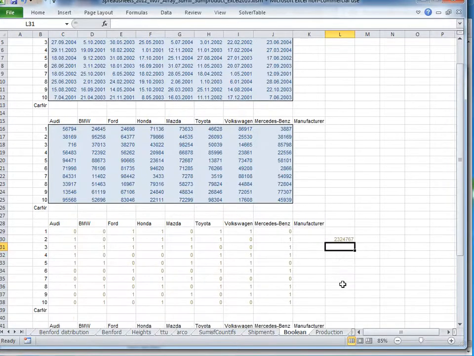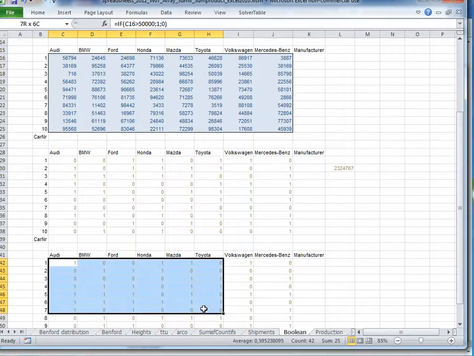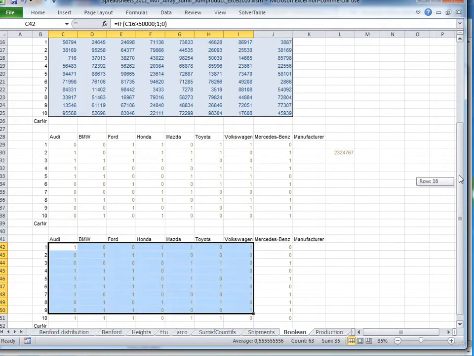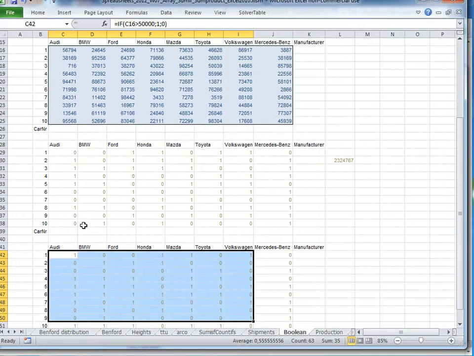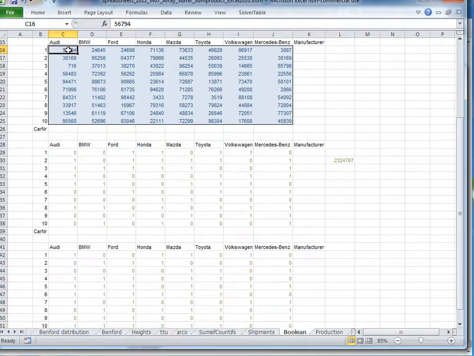Okay, let's make another multiplication. Here we have whether the car has traveled more than 50,000 miles. Well, if we multiply this table of ones and zeros with the table of distances, it basically just picks up the distances that are bigger than 50,000.